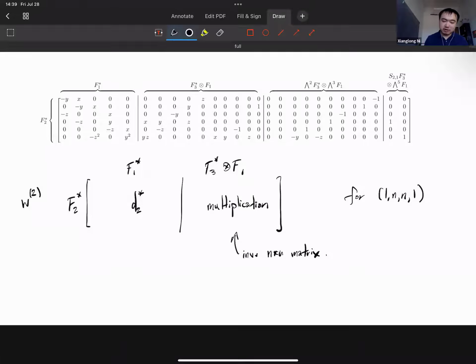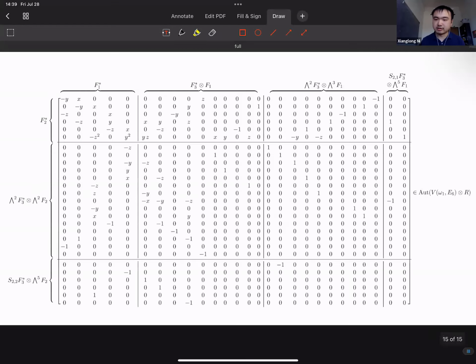So the way that we work around this is actually to prove that this 6 by 27 matrix is surjective. Instead of finding a 6 by 6 invertible submatrix, we show that it's just a part of a larger invertible 27 by 27 matrix.